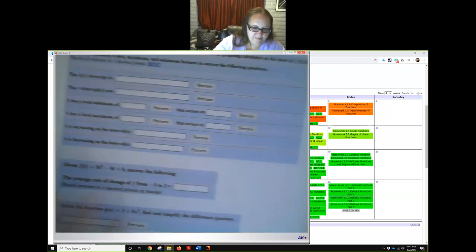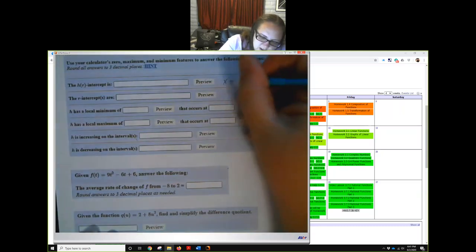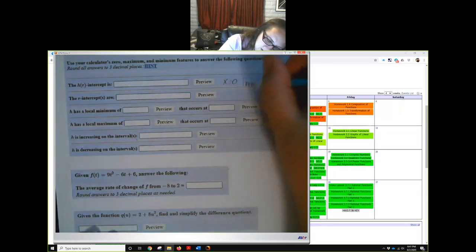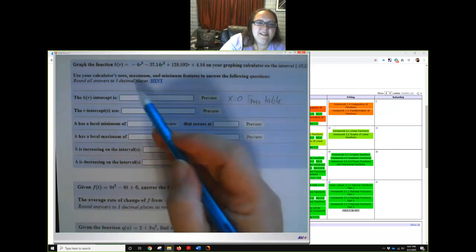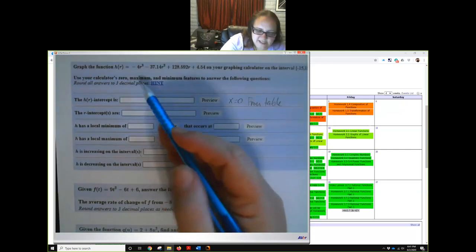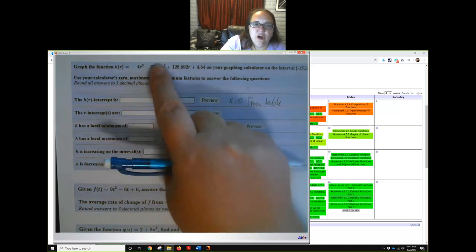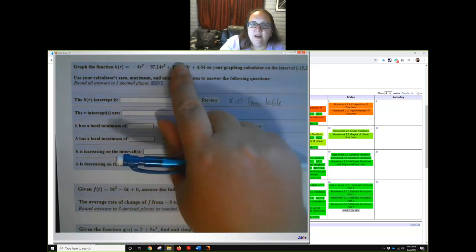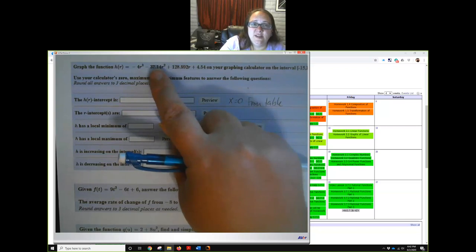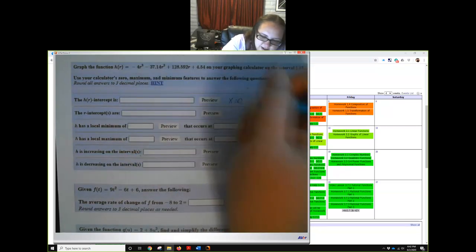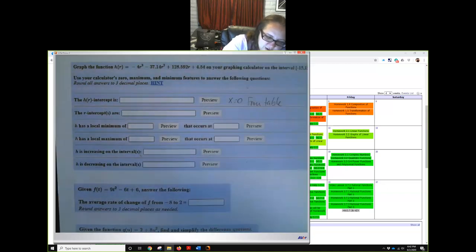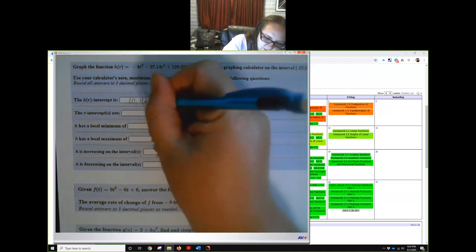So make yourself a note. Or you could look up at this and say, hey, when X equals 0, this would go away, this would go away, this would go away, right? Because 0 times 4, 0 times this, 0 times that. So I would be left with just 4.54. So 0, 4.54.